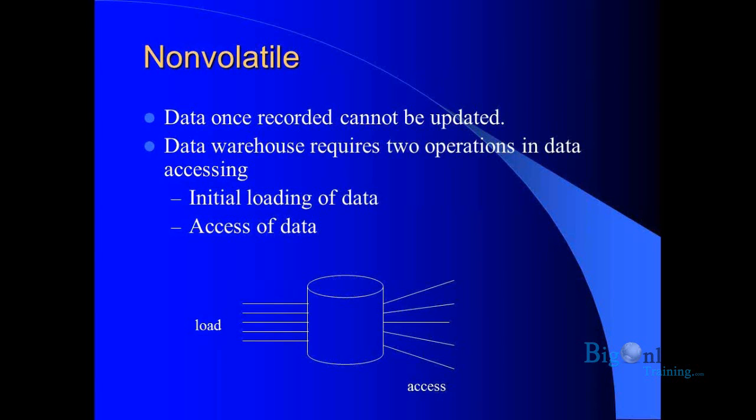You will get the complete history. So once we load the information into the data warehouse, we will never update that information. Any updated information that comes from the source will be tracked as a new record in the data warehouse. That's why it is known as non-volatile.